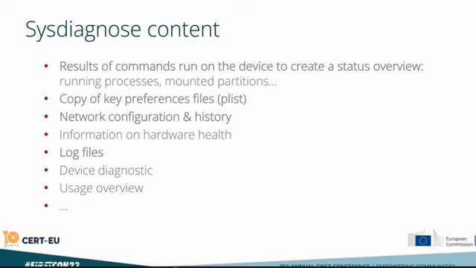Network configuration history is quite interesting if you want to see to which networks the device was connected. The information varies a bit depending on user settings. There is also information on hardware health, many log files, which are probably for us the most valuable source of information, device diagnostics, usage overview, and so on. So it's quite extensive, but again, not that much on user-specific data.